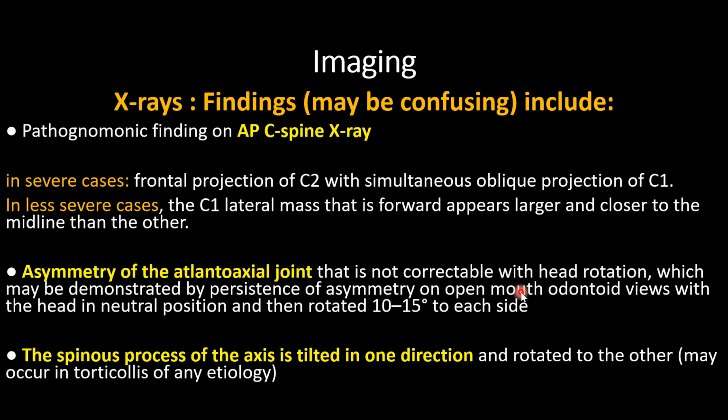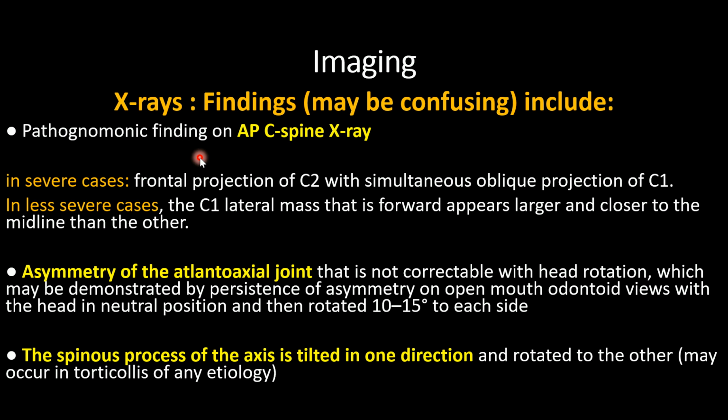Imaging: X-ray findings may be confusing. There are some pathognomonic findings on AP cervical spine X-rays, but it's important to know that the confirmatory findings are found in CT and MRI also.